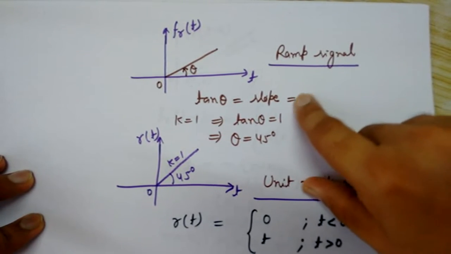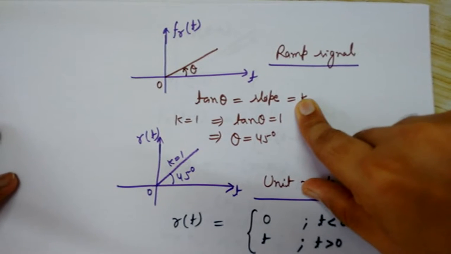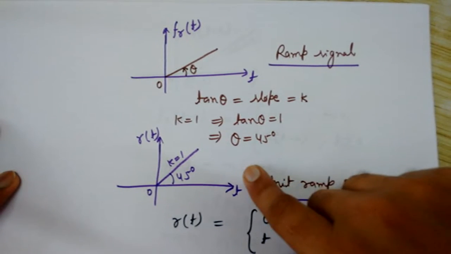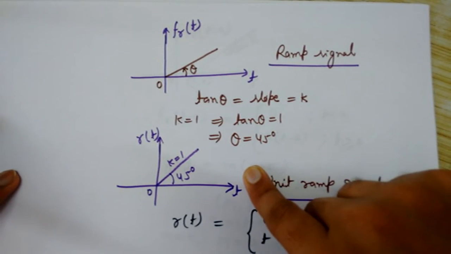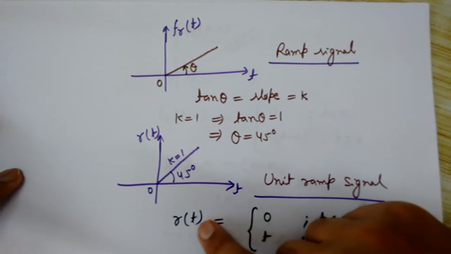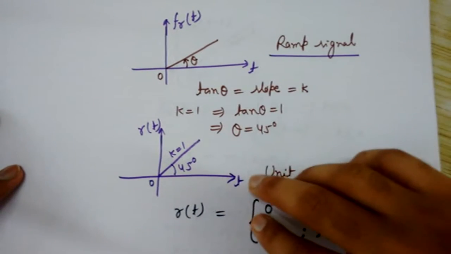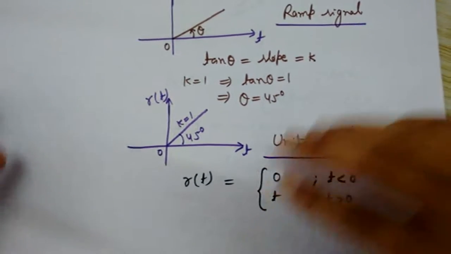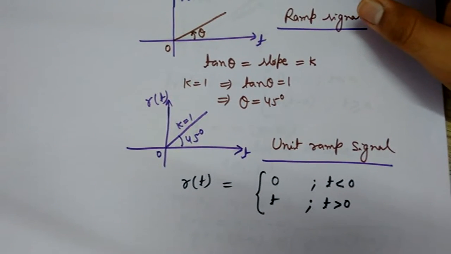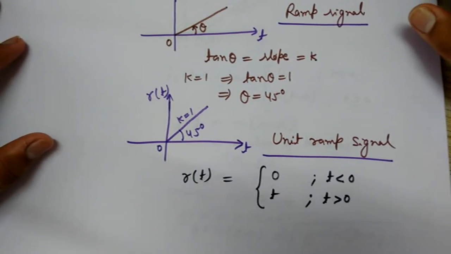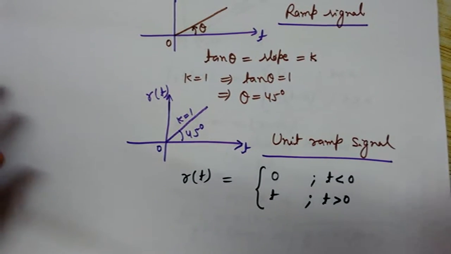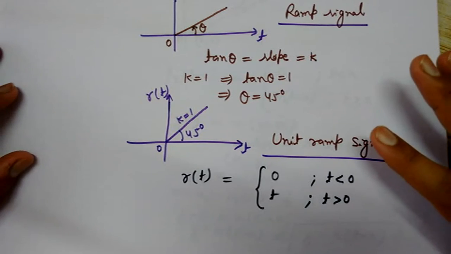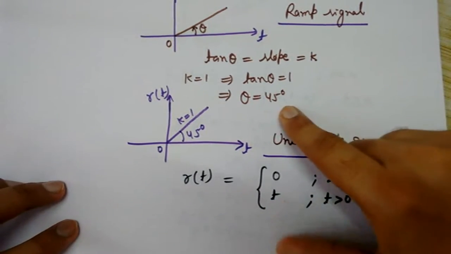As I told you, in the mathematical expression, k was the slope of the curve. But if we take the value of k equal to 1, then the slope is equal to 1. So tan theta would be equal to 1, and from that, theta is equal to 45 degrees.